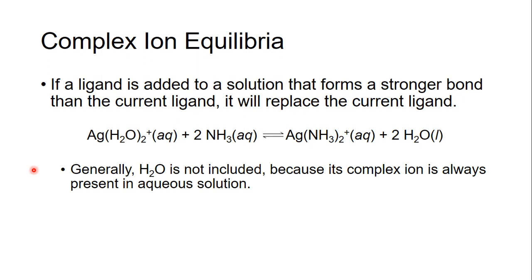Usually, when you write these equations, we don't put that the water is surrounding this cation. Because we're in an aqueous solution, with the AQ, we're already assuming that this cation is surrounded by water, so we don't even bother writing it. And so when we add our NH3, we can ignore water completely, and this would be our formula.